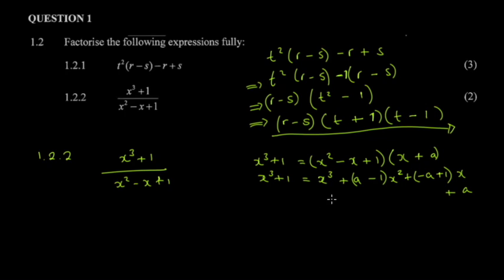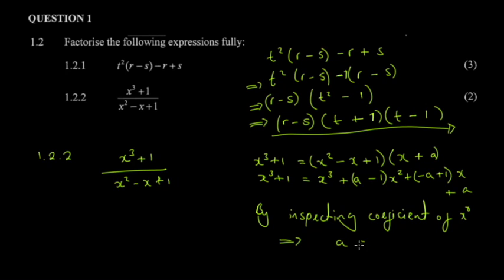Okay, so now you are going to investigate if a is consistent. So if this would make sense if the value of a is consistent. Here the last digit, the coefficient of x to the power 0, it's what? It's 1. So by inspecting the coefficient of x to the power 0, we have a equal to 1.